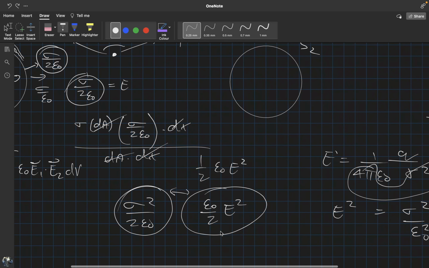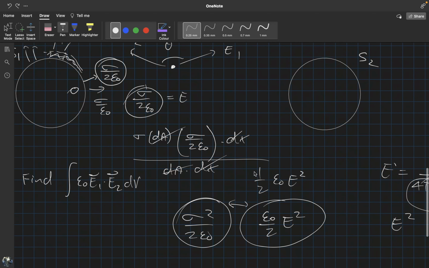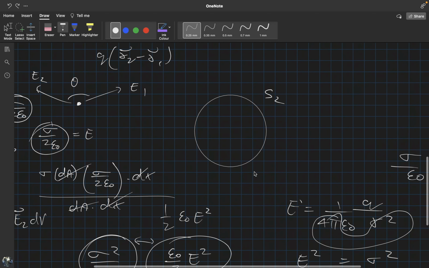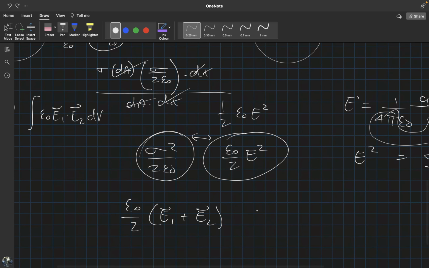Now tell me, what will I do? I'll say that there are two fields. So energy density will be epsilon naught by 2 times the vector E1 plus E2 whole square, which we can write as E1 plus E2 dot E1 plus E2, right?